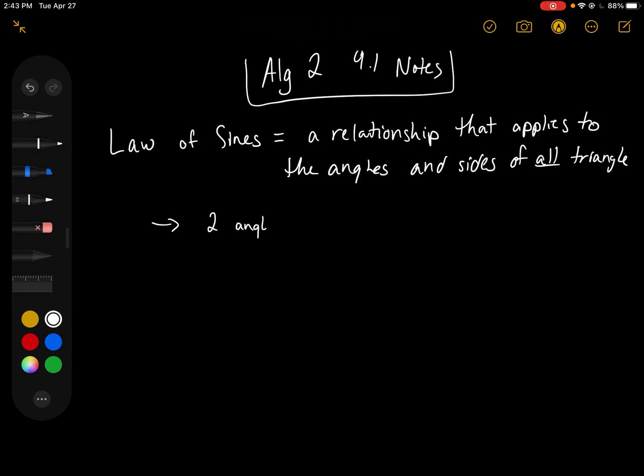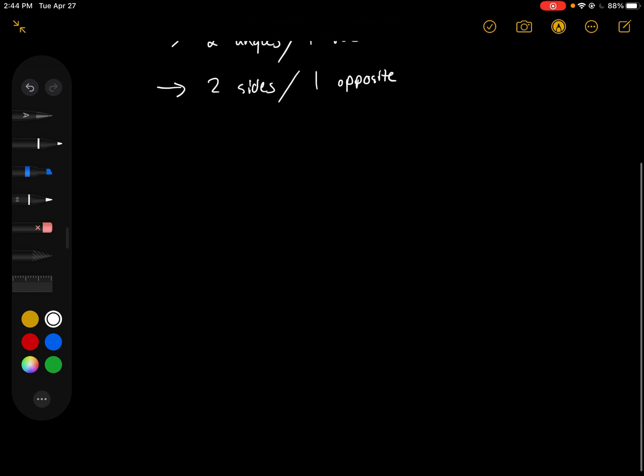So this can either help us solve for a side or solve for an angle, just like before, but now we don't need to have a right triangle. It doesn't have to be 90 degrees. So this specifically helps us in the situations where we have two angles and one side, or if we have two sides and one opposite angle. So an angle that is directly opposite from one of the sides that we have given.